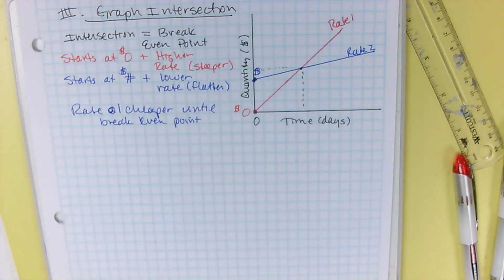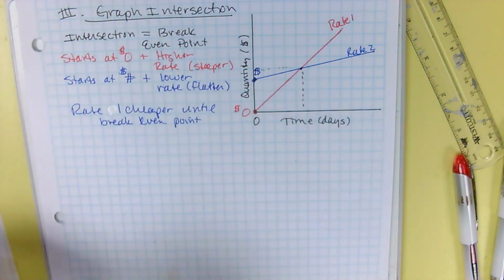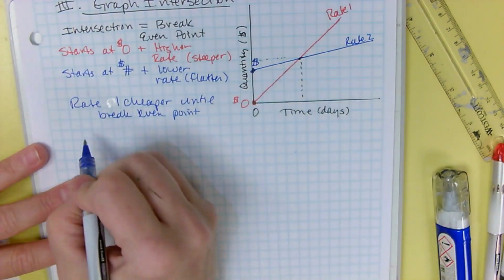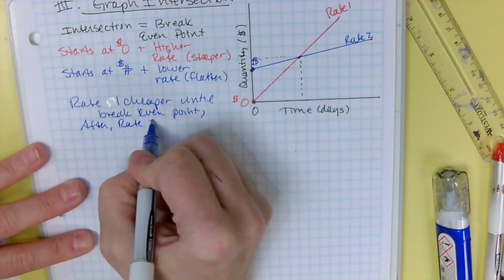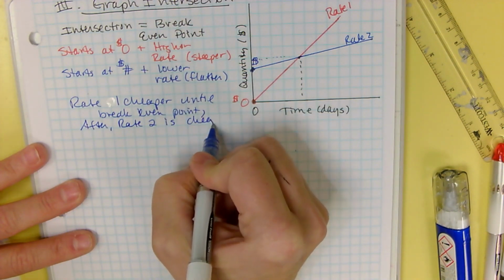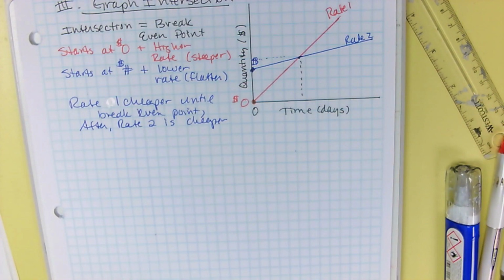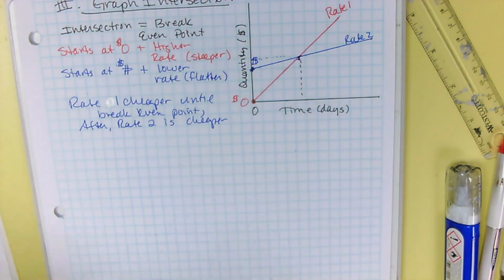Rate 1 is cheaper until the break-even point. Then, after the break-even point, rate 2 is cheaper. So if we can just figure out where the break-even point is, then we can figure out which rate will be cheaper for us depending on how many days of whatever this is. So the break-even point shows you where one rate is higher than the other and where they change places.